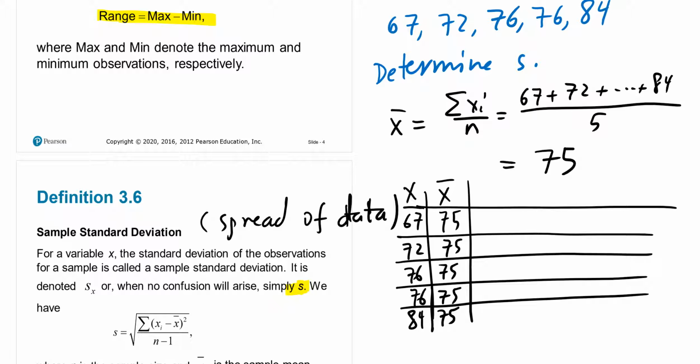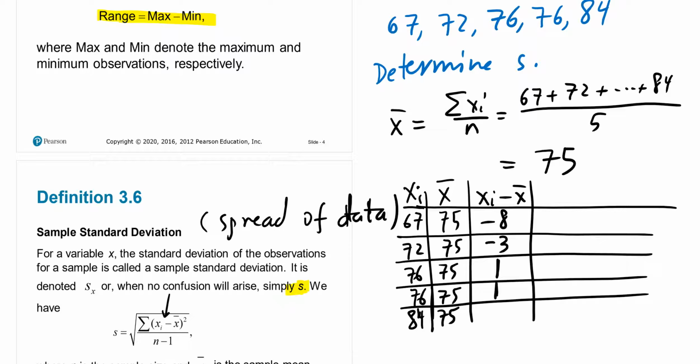Now they said do xi minus x bar. So we do 67 minus 75, which is negative 8. 72 minus 75, negative 3. 76 minus 75, 1. 76 minus 75, again 1.